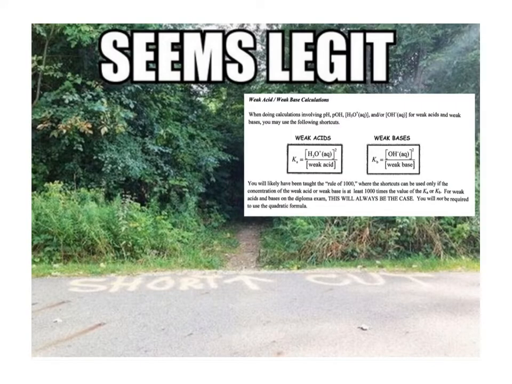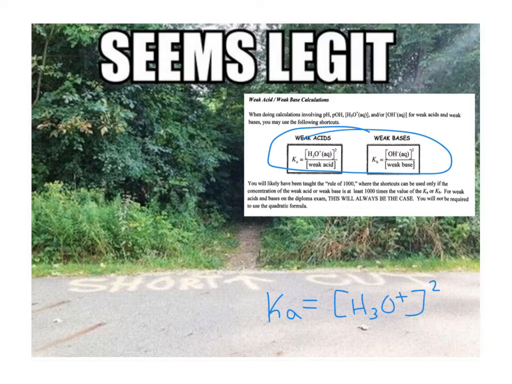Now, when we do these calculations, we can use this shortcut because we know that the products are going to change by the same amount, the reactants are going to change by the same amount, and also there are some special cases when it comes to weak acids and weak bases and the amount that they ionize. So when we do these calculations, we have this formula where Ka is equal to my hydronium ion squared divided by my original weak acid concentration.